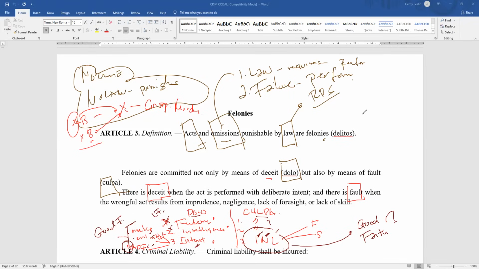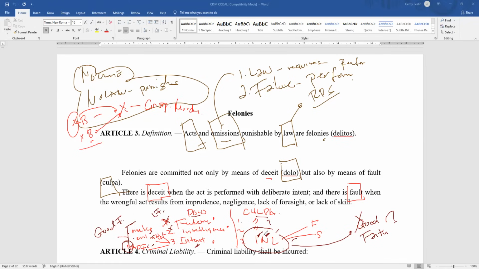Pabilis nyo. Ha? So, yun ang tatandaan nyo. No? Good faith is not a proper defense. Kasi kung murder ang chinarge yan, pwede. Diba? So, what could negate imprudence, negligence, and lack of foresight?